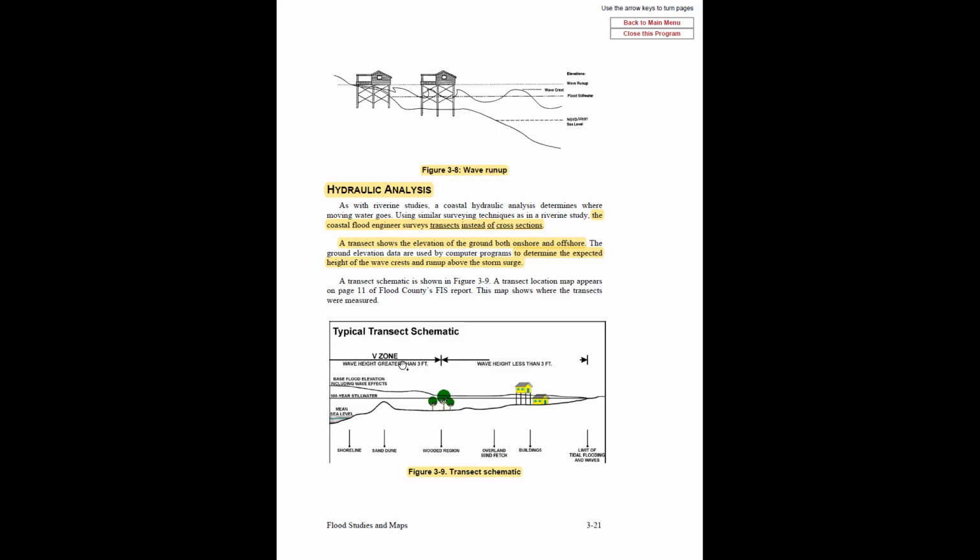So coastal, V. Then if we're going to add elevations, just like with riverine flood maps, what do we have? We have a VE zone. I always like AE, VE for elevation, right? They added some elevations.